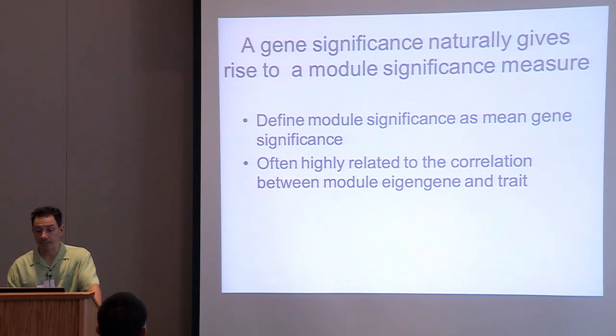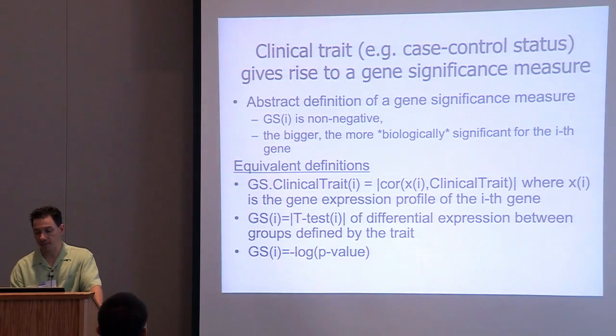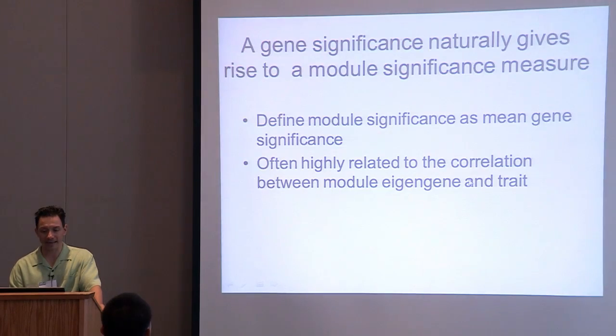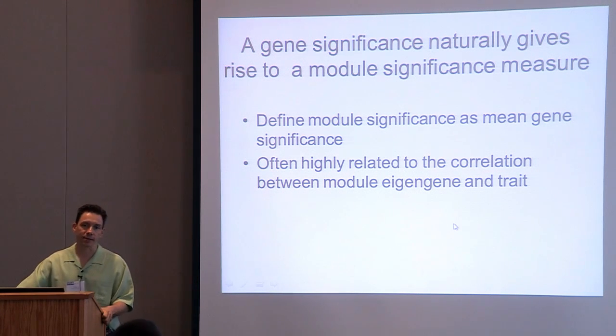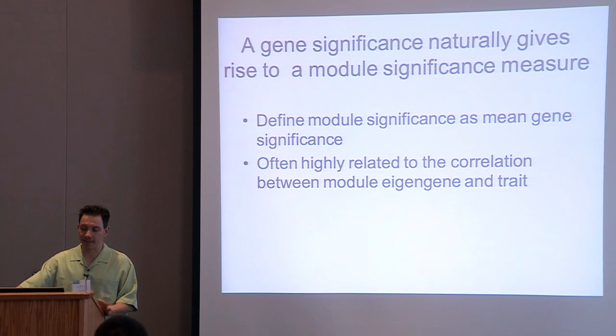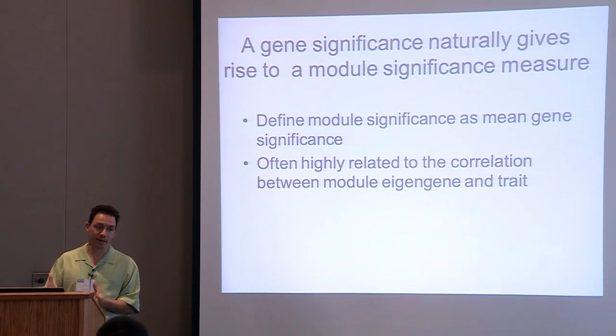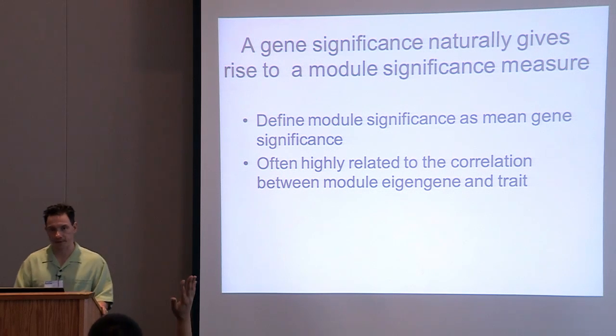Now, incidentally, if your gene significance measure was based on a clinical trait, for example, using this correlation or t-test, then the result of this weighted gene significance measure is often highly related to the correlation between the module eigengene and the trait. So I find this is very robust. Whatever gene significance measure you use, chances are it allows you to find the modules that are most related to that trait.